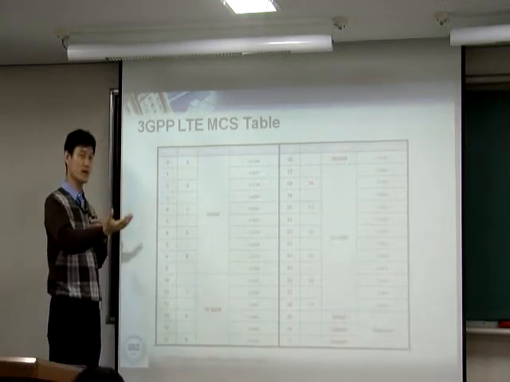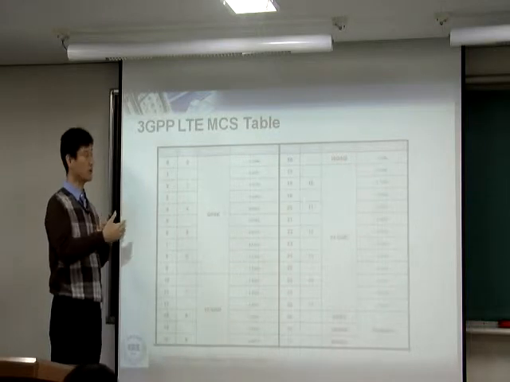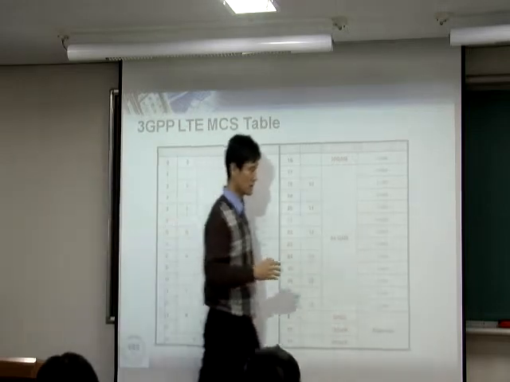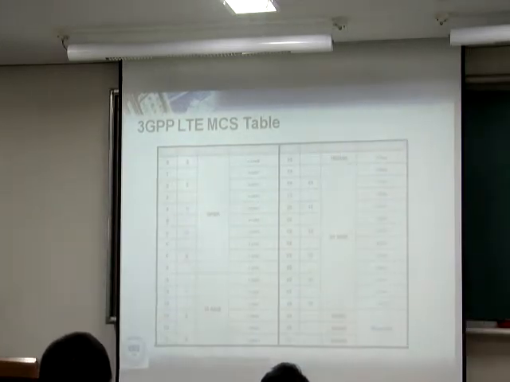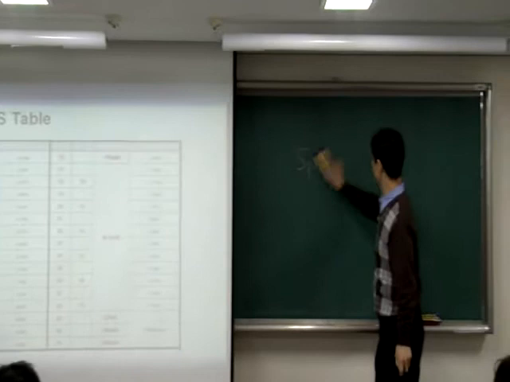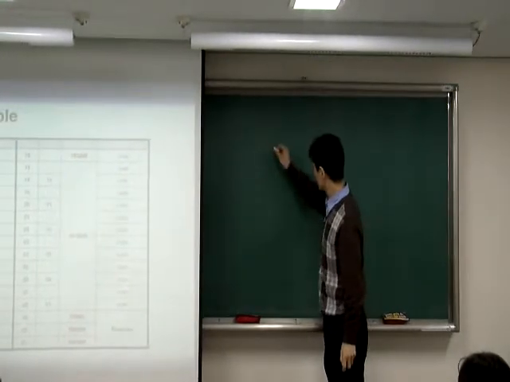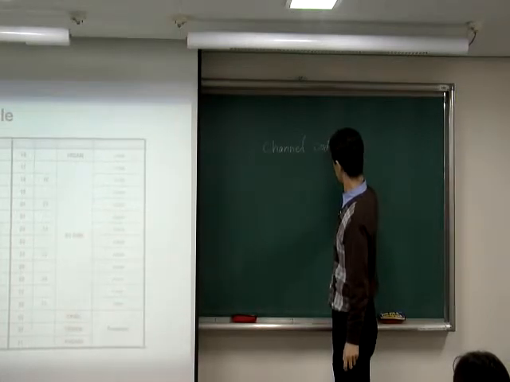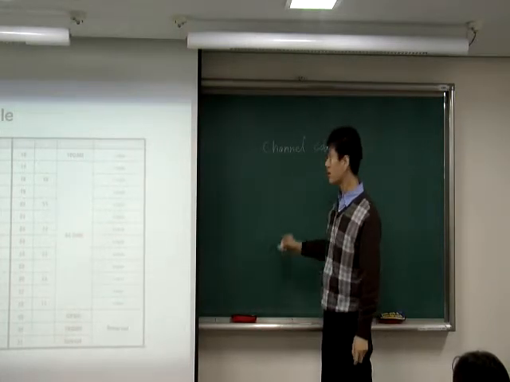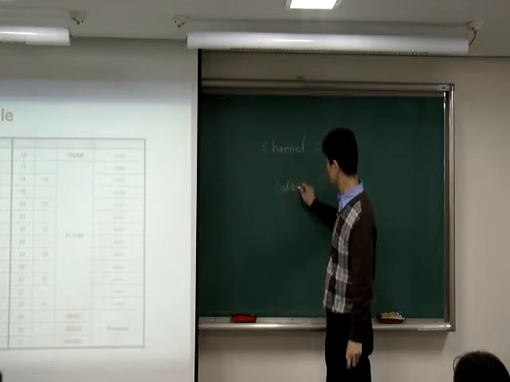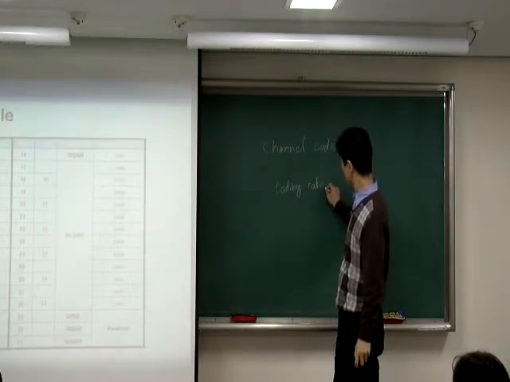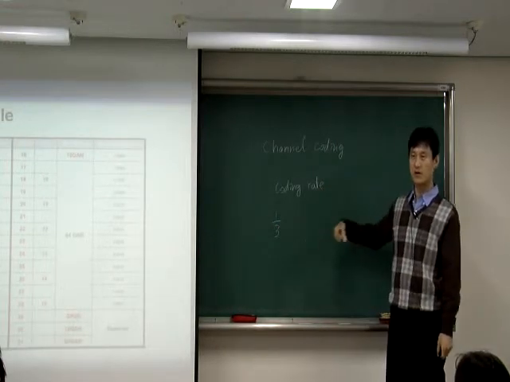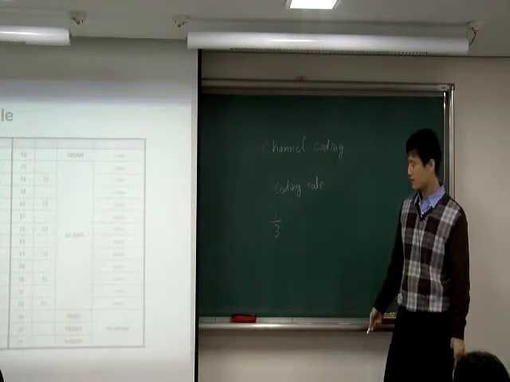Let's think about channel coding a little bit here, because that's a word that you may use sometimes. Whenever you say channel coding, there's a coding rate. Let's say our coding rate is 1/3. Let's say we are using the 1/3 rate. What does that mean?